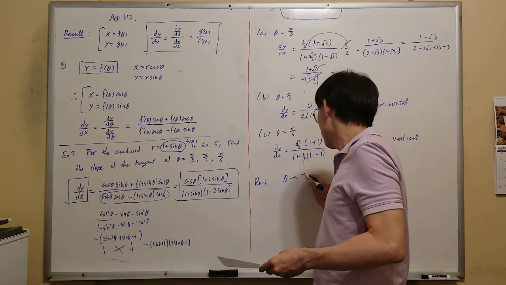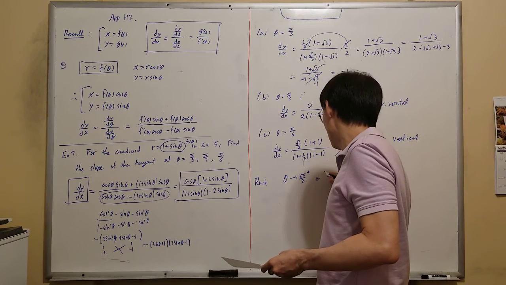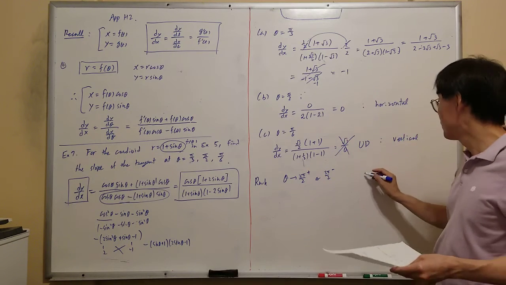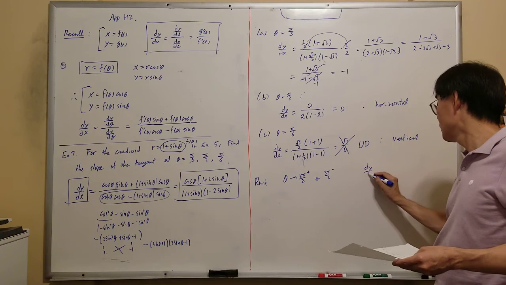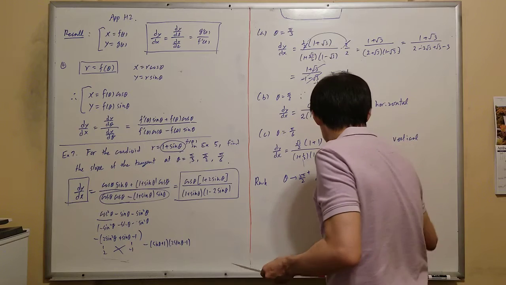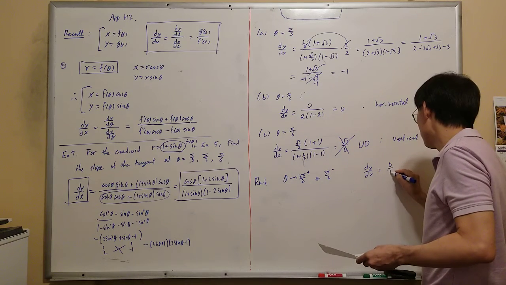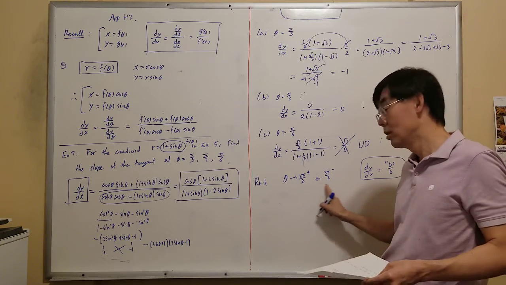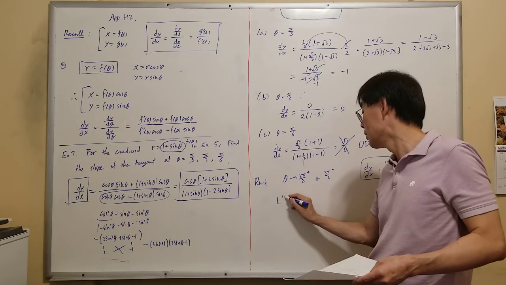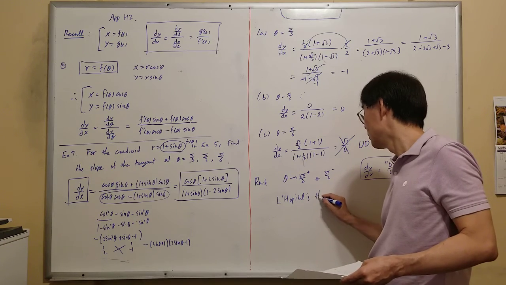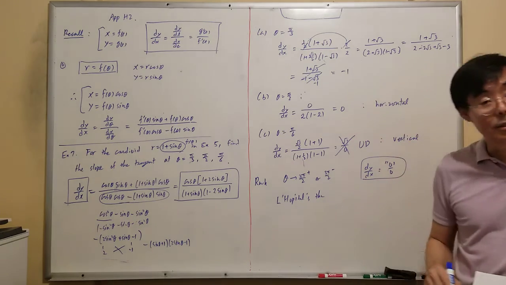Now note, remark. As theta approaches 3 pi over 2, positively or negatively, dy over dx is actually a 0 over 0 form, right? It's a 0 over 0 form, undefined. In that case, we have to use L'Hopital's theorem to find the slope.